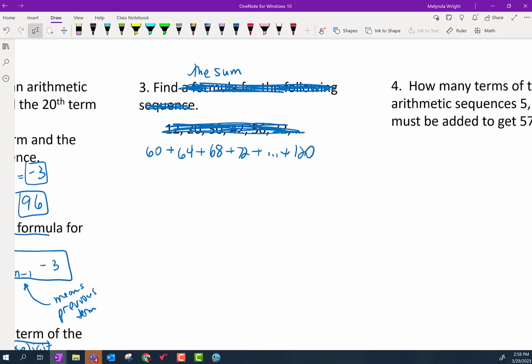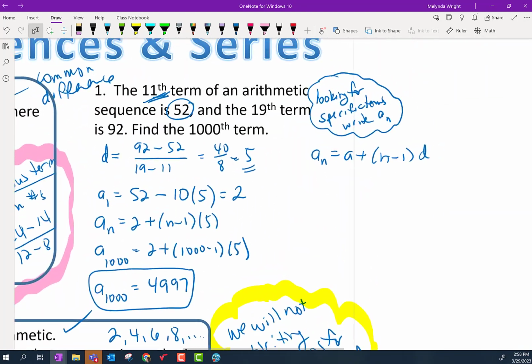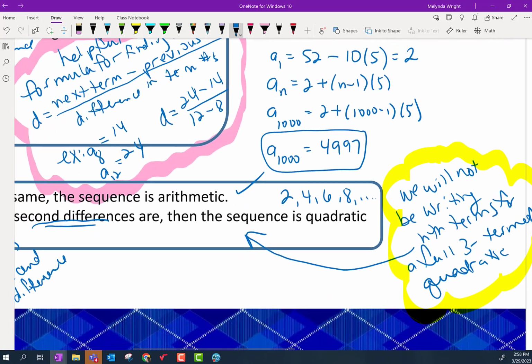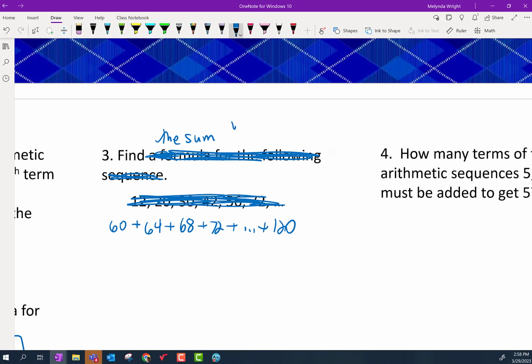So let's look at this little clue over here. If we're looking for a specific term, we use the a sub n formula. If we are looking for the sum, we use an s sub n formula.